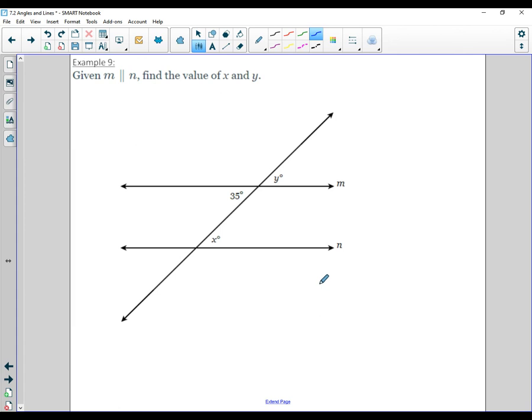And then if it asks for 2 angles, there's nothing really different. And you just have to use all of our knowledge. Given M is parallel to N, find the value of X and Y. Well, I know that X, alternate interior angles, is 35 degrees. And that's from alternate interior angles.